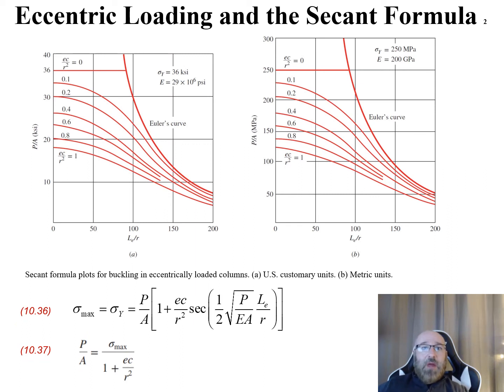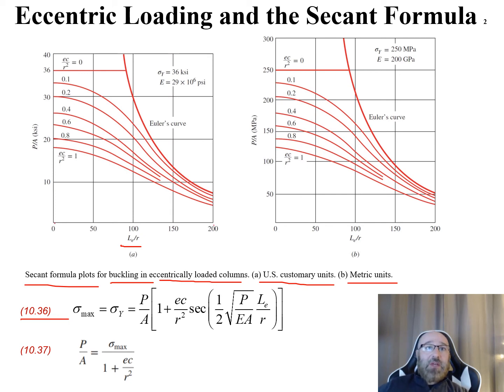In part A, we have this in US customary units, and part B is in metric units. Both show the secant formula plots for buckling in eccentrically loaded columns based on the relationship in equation 10.36. Along our x-axis, we have LE over R, our slenderness ratio, going from 0 up to 200.